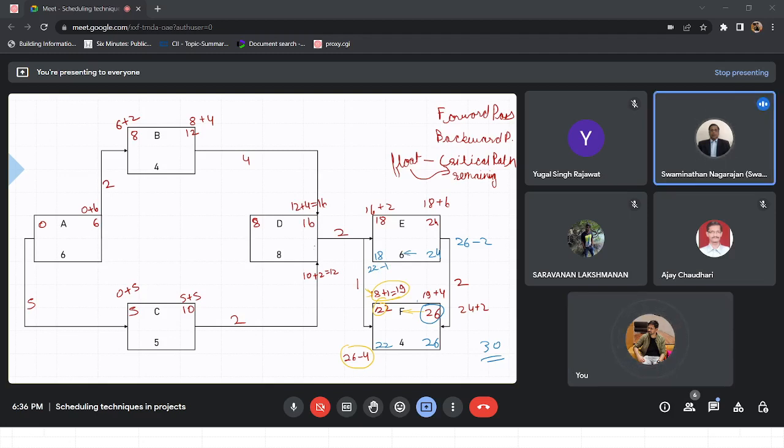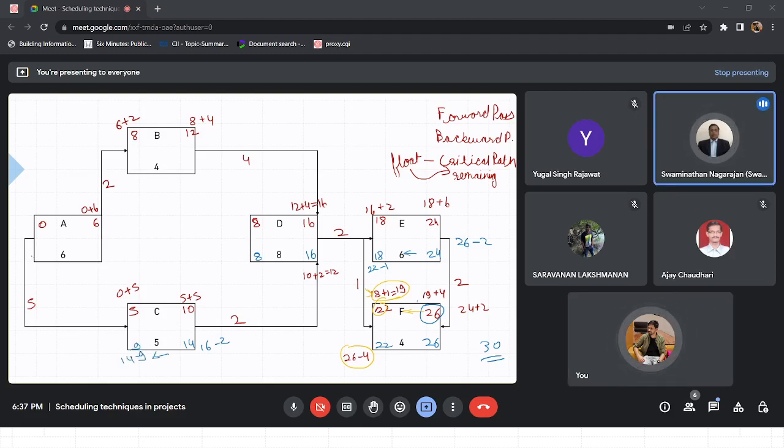Similarly, when we go to this point, 18 minus 2, 16. Backwards only one arrow is there. 16. 16 minus 8, 8. One arrow only. Now coming to these 2 points, 16 minus 2, so this becomes 14. 14 and 9. One arrow, so 9.